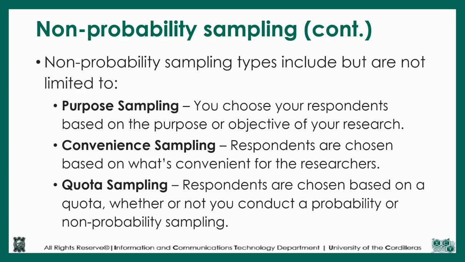So this narrows down your respondents considerably. You're no longer randomizing who you are observing or who you are surveying. You will only gather data from respondents who are knowledgeable or very familiar with environmental concepts, environmental practices, and environmental issues. That is an example of purpose sampling.